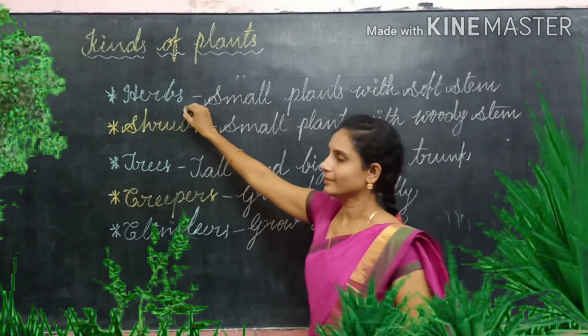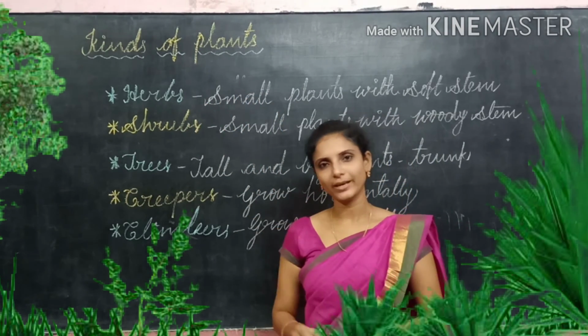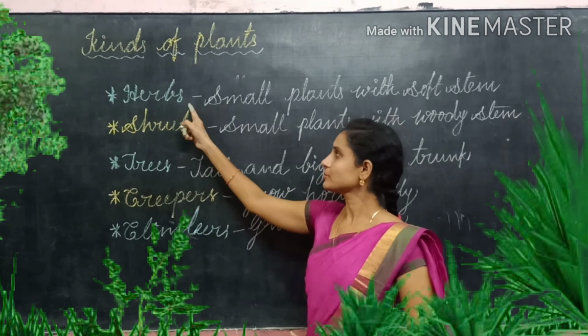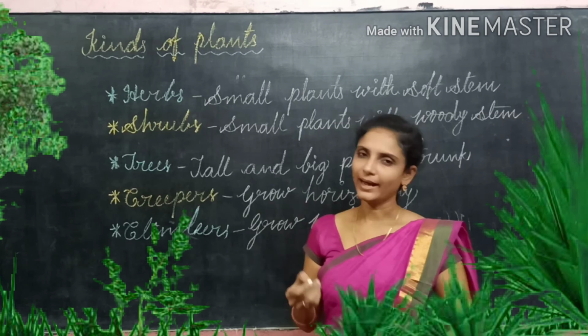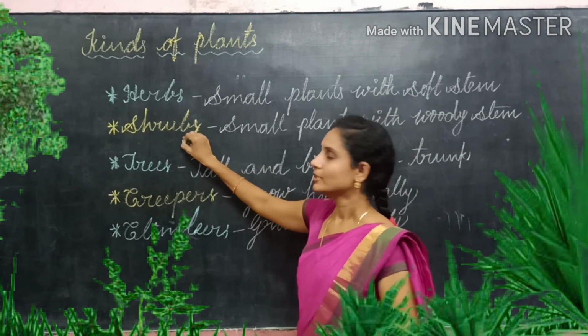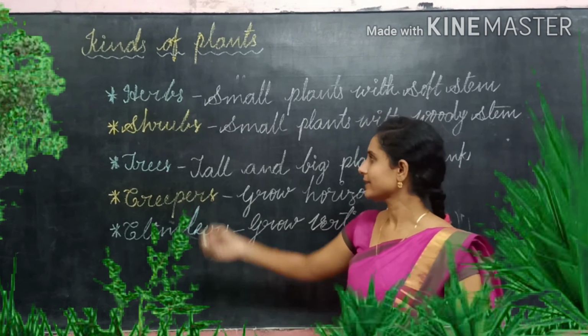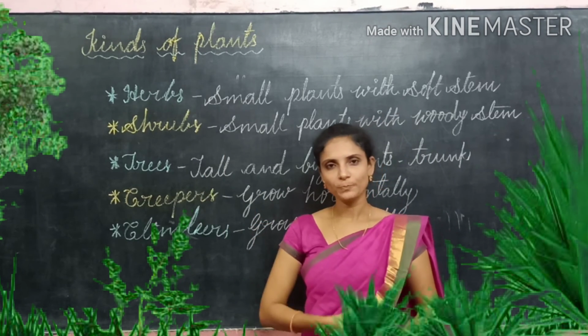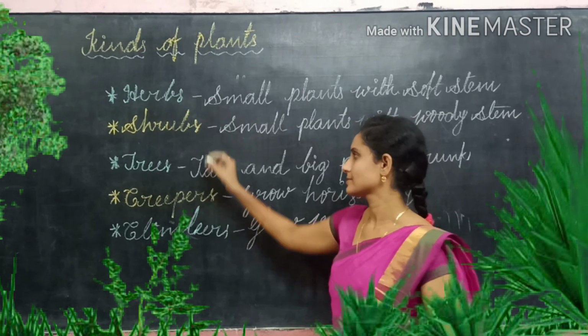Let's recap. Herbs: small plants with soft stem. Examples are mint, coriander and tulsi. Shrubs: small plants with woody stem. Examples are rose plant, sunflower plant and hibiscus.